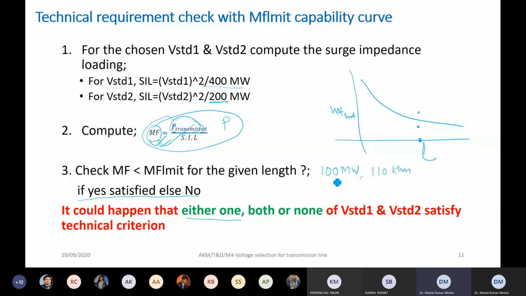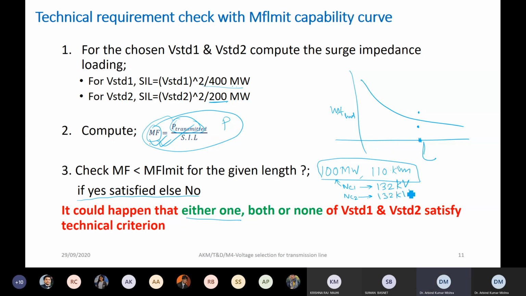This was your input. From here you have calculated the V economical for number of circuit 1 or number of circuit 2. Now you have chosen the standard voltage for both. Say in both the cases it might be 132 kV. Not necessarily always the same, but for this case, say both.